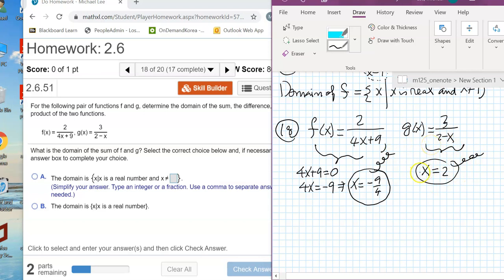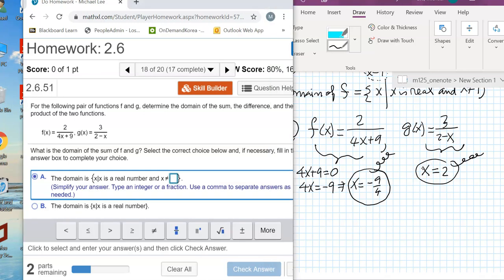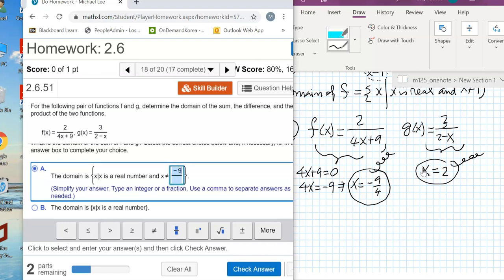Okay, so now, what is the domain of the sum of f and g? So you have to say x not equal to the fraction negative 9 over 4.